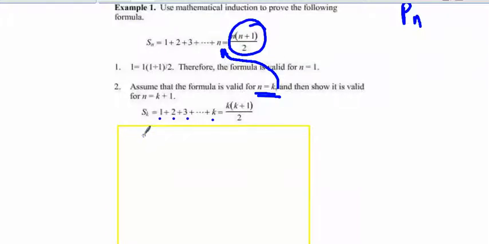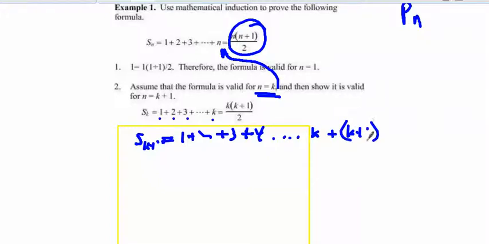So we can say S of k plus 1 must be equal to 1 plus 2 plus 3 plus 4 and so on all the way up to k plus k plus 1, which is the next term. We had k plus 1 here, right? So there's k, that's all plus k plus 1.